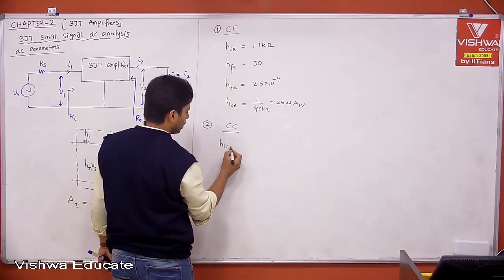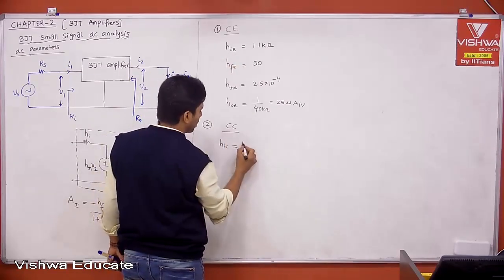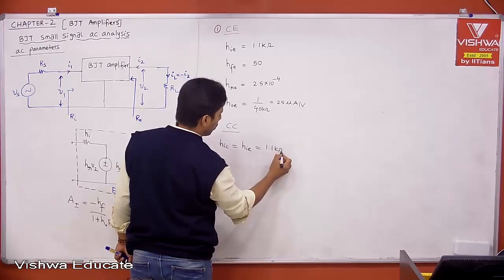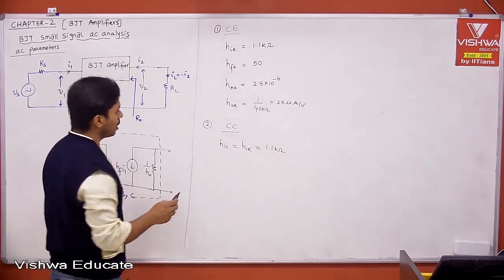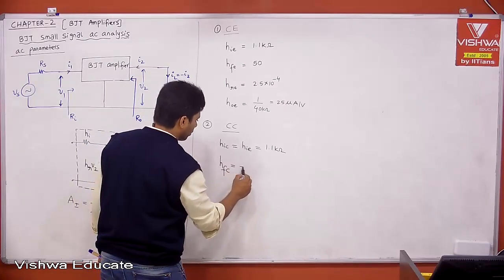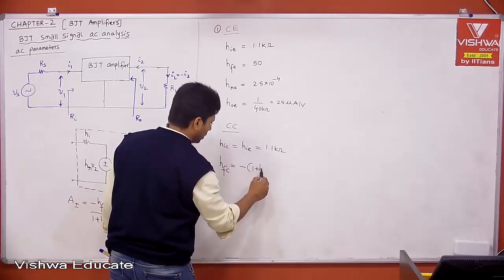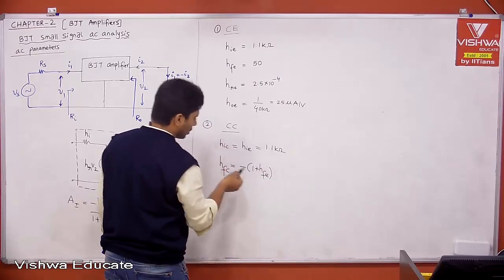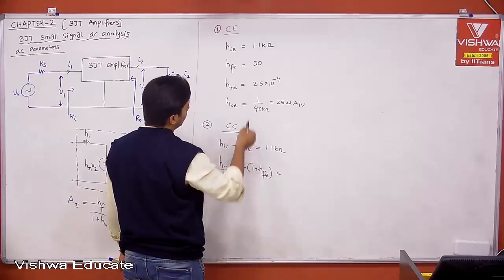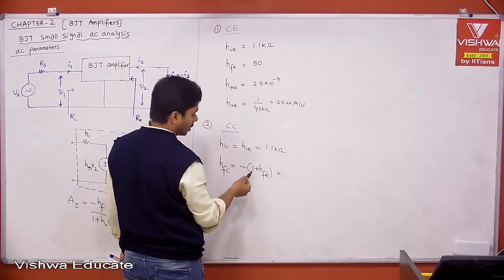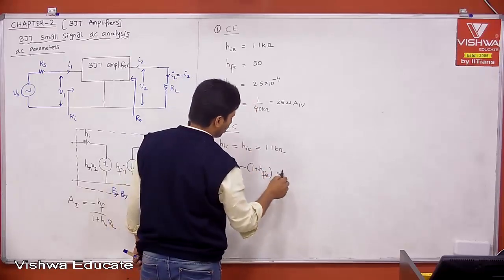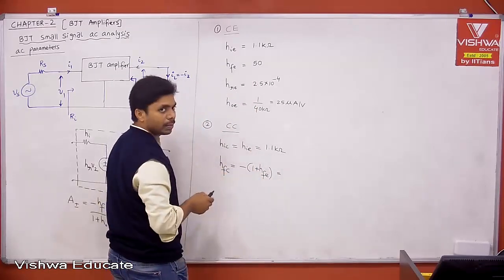HIC is the same as HIE, equal to 1.1 kilo ohm. HFC is equal to minus (1 plus HFE), converting from CE H parameters, which gives minus 51. If you know only the CE H parameters and the conversion formulae, then we can get the CC H parameters also. No need to remember, but it's better if you remember the conversion formulae.